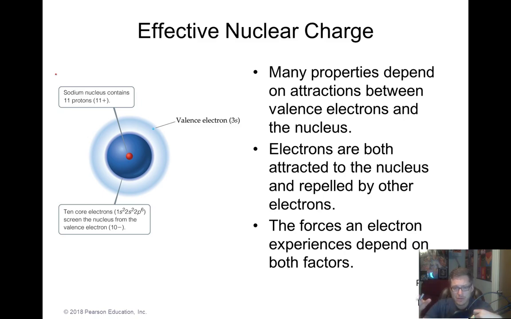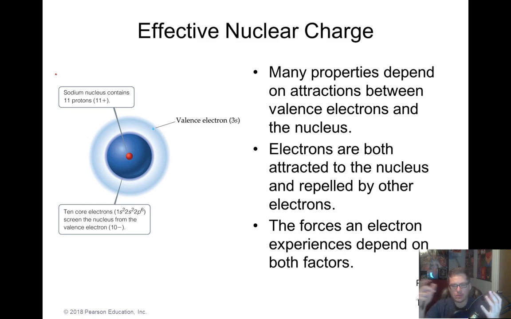The vast majority of elements have core electrons, meaning any electrons that are not valence electrons. These core electrons are negatively charged and the valence electrons are negatively charged, so they repel each other. The valence electrons are both pulled toward the nucleus and pushed away from it because there are electrons in the way.